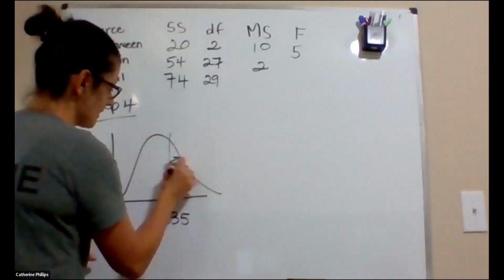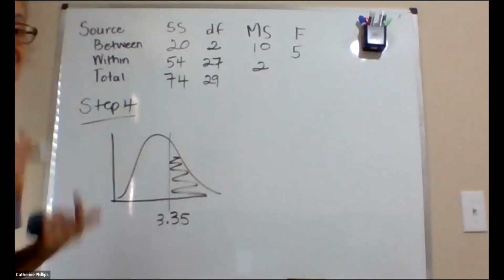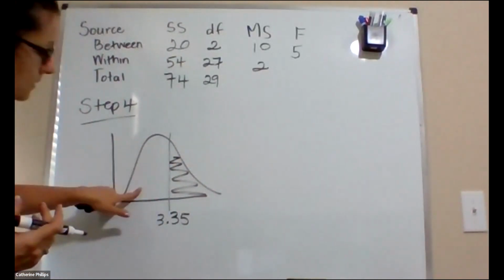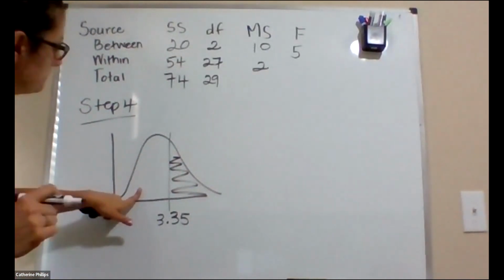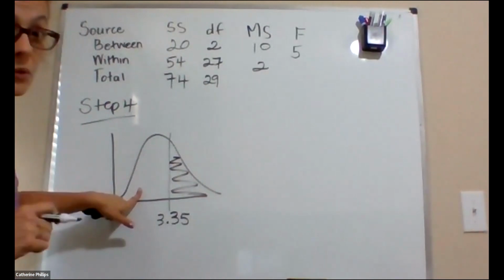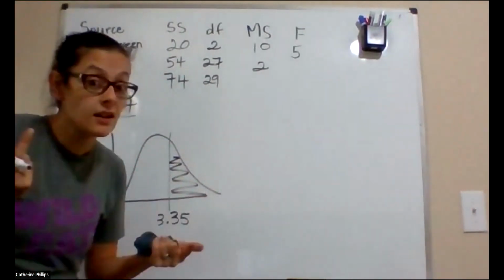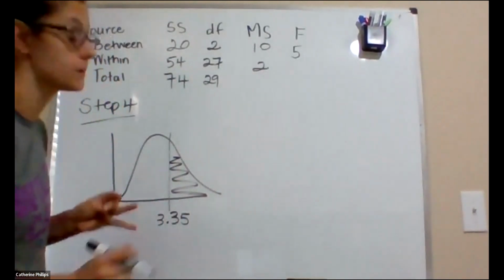And so anything out here, we're going to reject the null hypothesis and accept the alternative hypothesis. Anything over here in this unshaded region, we're going to fail to reject the null. And yeah, I know that the wording is weird. That's how it is when I learned it and I thought it was weird. That's how it still is. That's just how it goes.